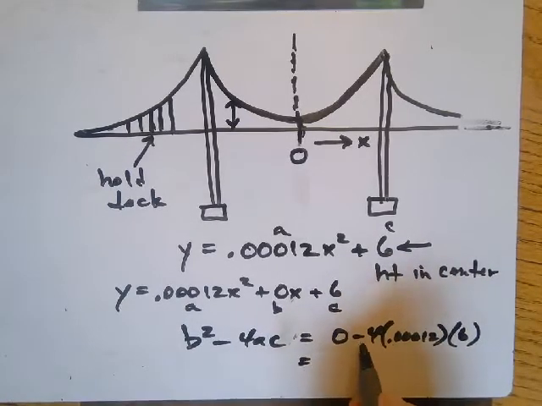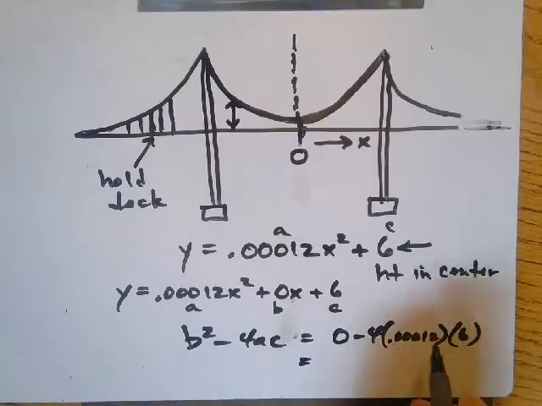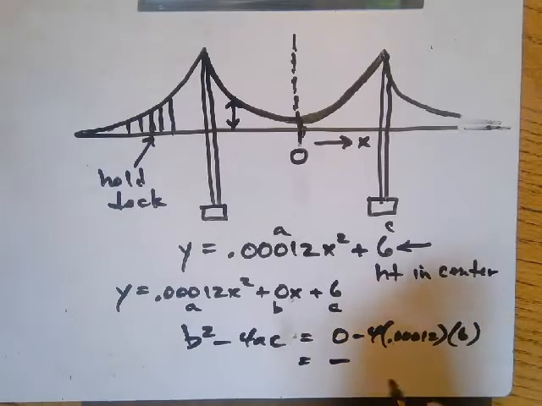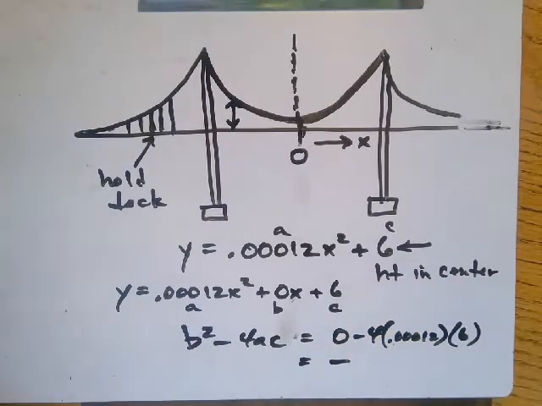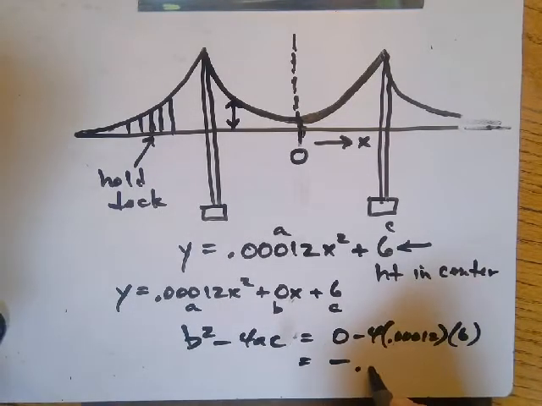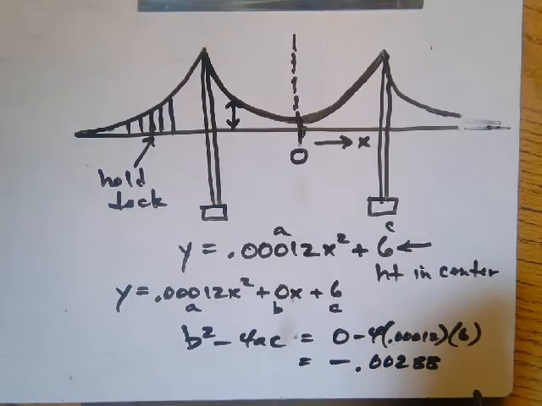And we end up with 0 minus something. This is some negative number, and I could calculate it here, not that it's necessary, because we're concerned about the sign of the discriminant. But negative 4 times 0.00012 times 6 gives me negative 0.00288.